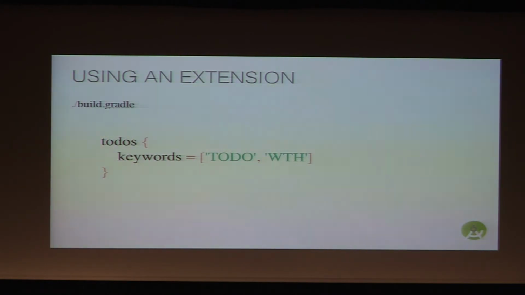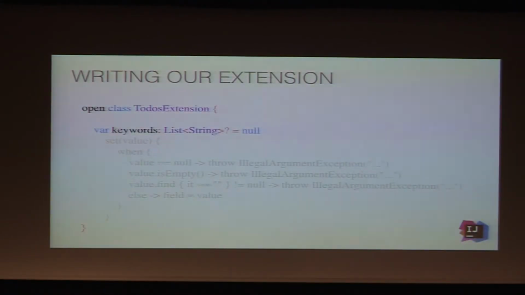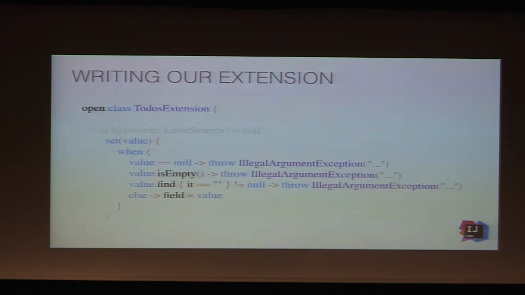And how do we do that? We write our own extension class. It's again an open class for Gradle to implement and instantiate. We're going to have a property keywords, the keywords that we want to pass. It's a list, and this is, in Gradle, a really good place to put validation. I don't want this to be null, or an array that is empty, or one of the words to be empty, because then I'm going to print every line.